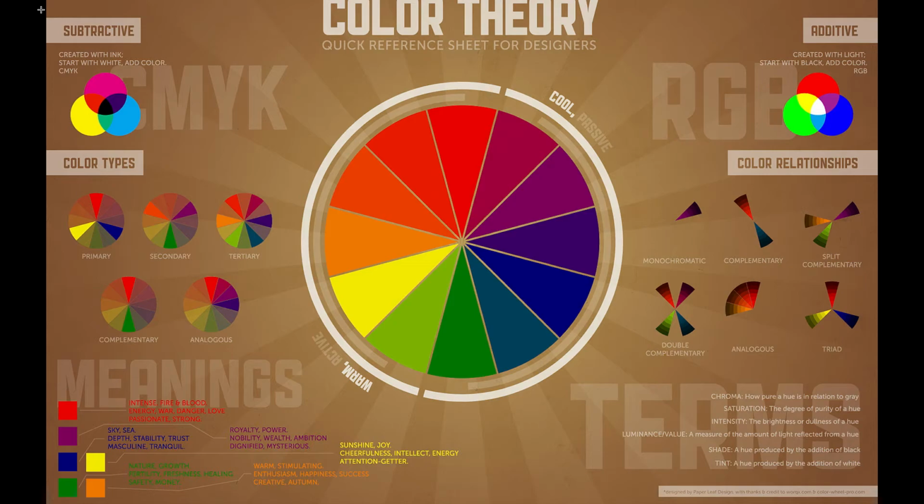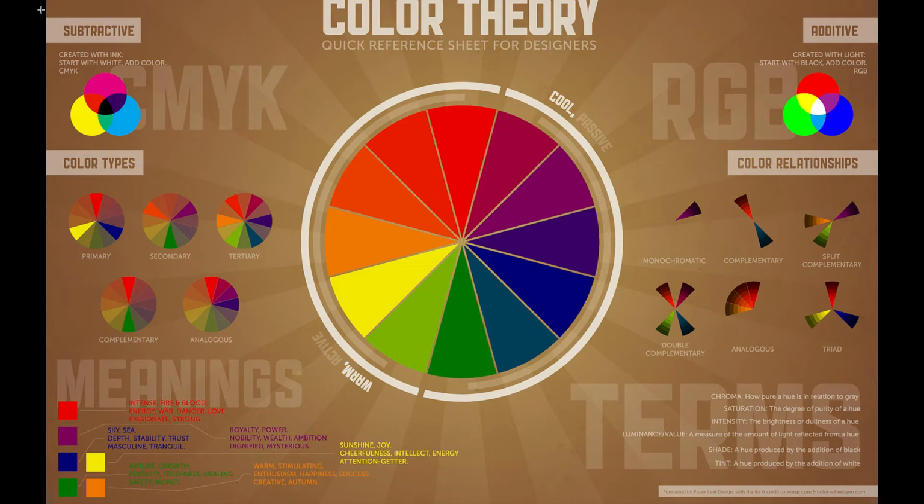Every color has a hue, luminance, and a saturation to it. Hue is like the color of it: red, blue, green, orange. The saturation is like the intensity of the color we see. Like as you add white to it, the color will become less intense. As you add black to it, the color becomes more intense.